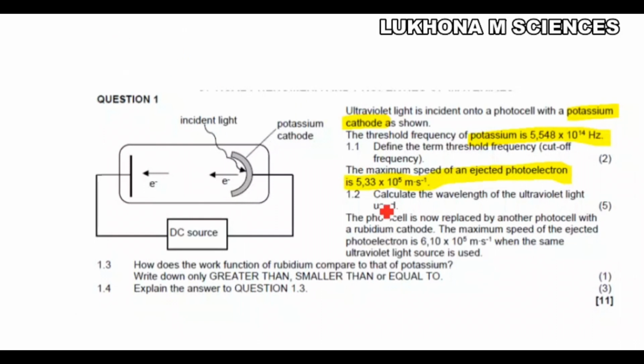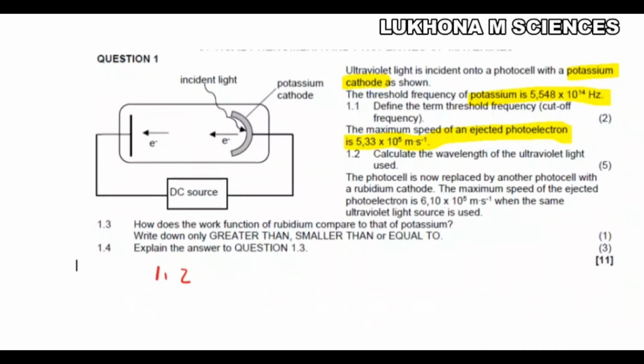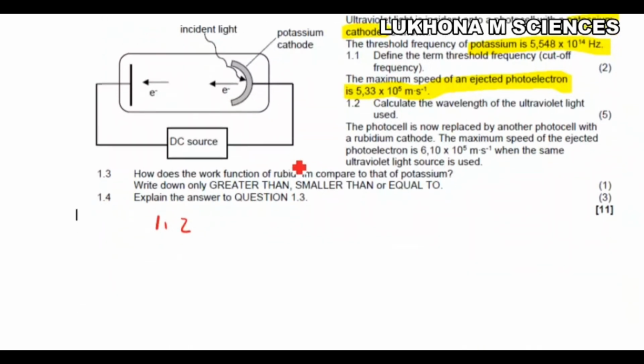The first question under that says calculate the wavelength of the ultraviolet light used. That is number 1.2. In this question, we are going to use the formula which says energy is equal to the work function plus the maximum kinetic energy of an electron.